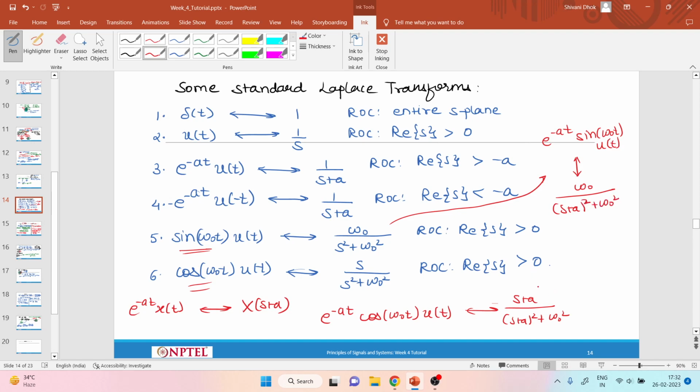And we are getting those two terms exactly in this format.